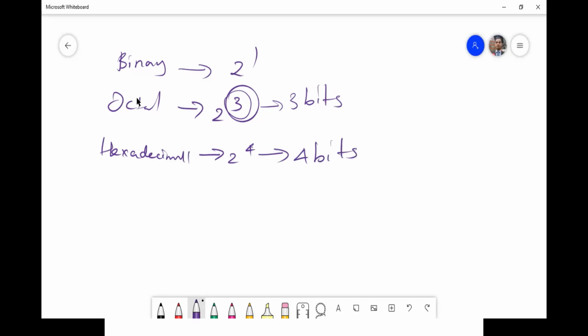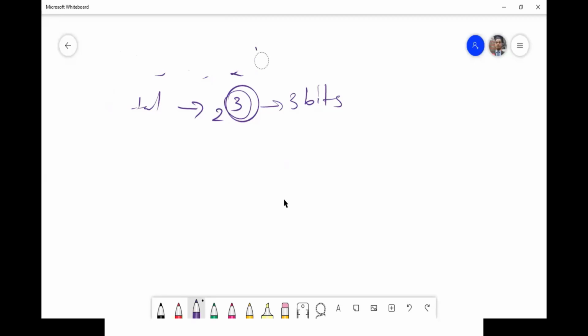We need 4 bits. Four bits, what do we call it? Half byte, we call it half byte, also nibble, right? Okay, right.